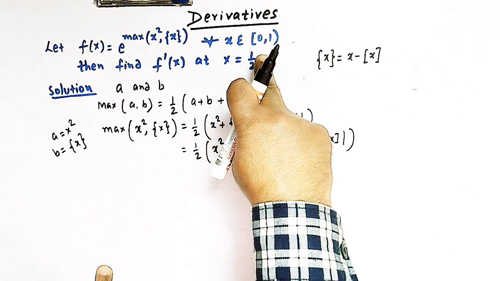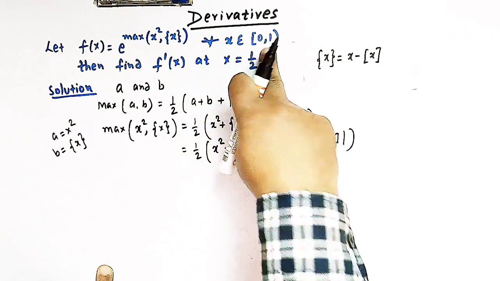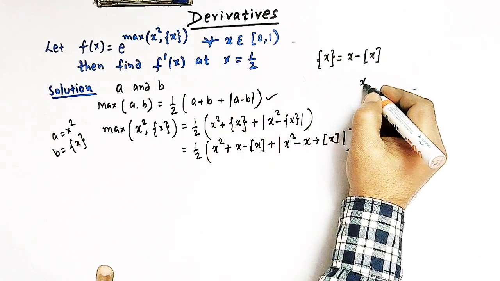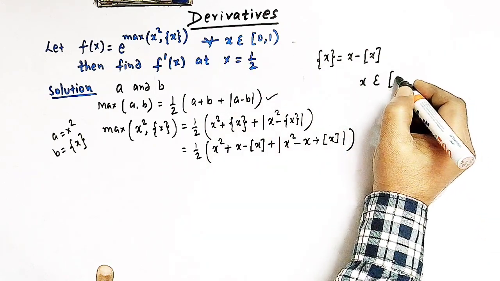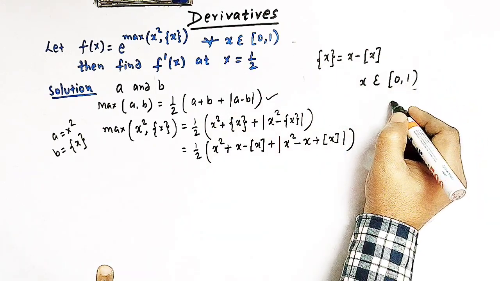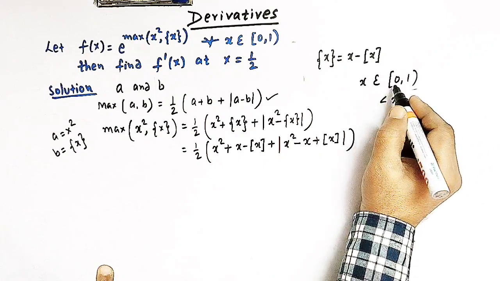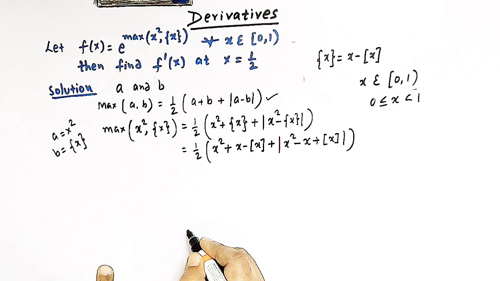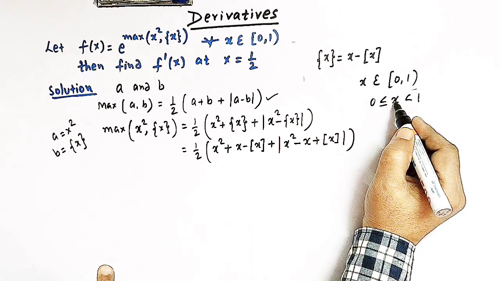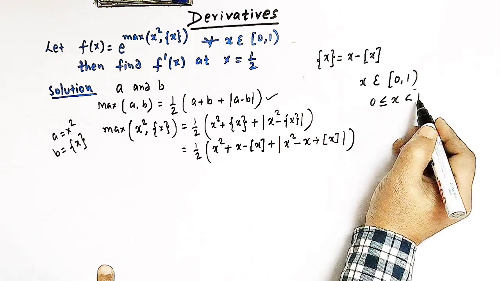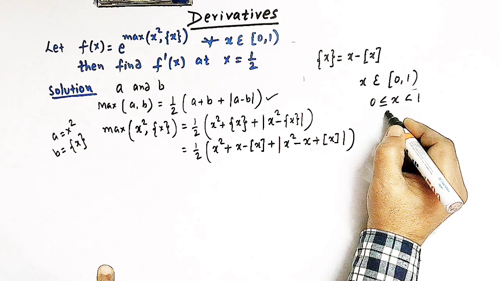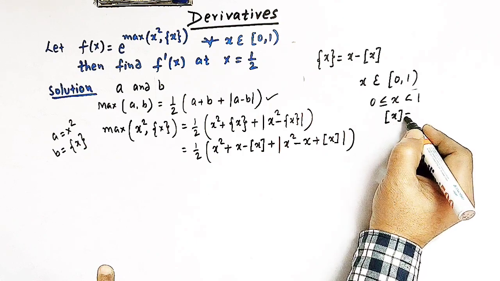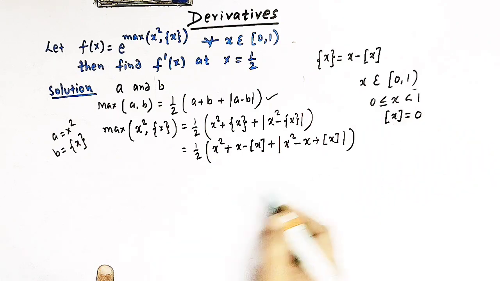So now we have this interval, that is x belonging to the interval 0 comma 1, that is x is greater than or equal to 0 but less than 1, right? So whenever x lies between 0 and 1, the greatest integer of x is always going to be 0.